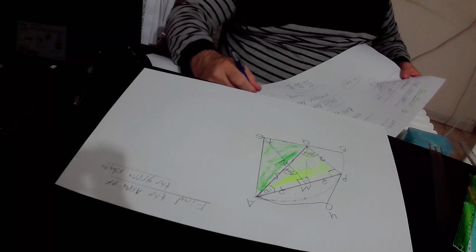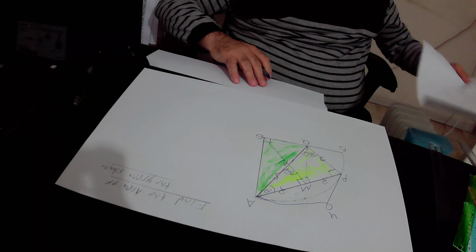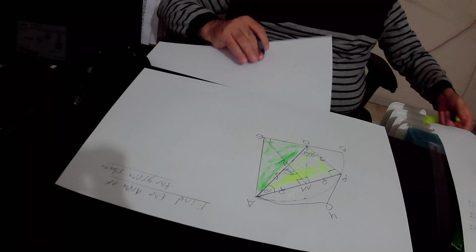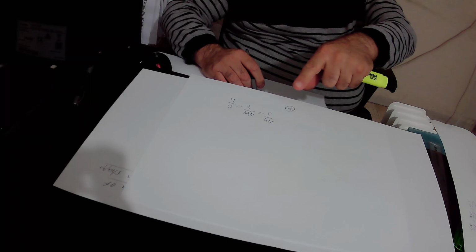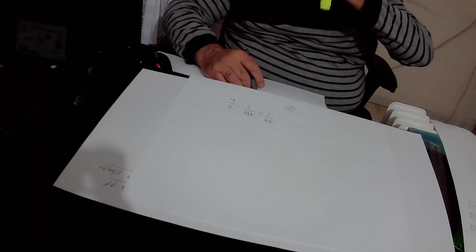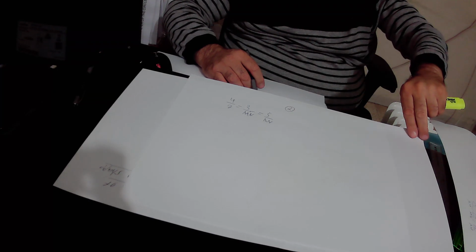AN is also unknown, therefore we leave it as it is. So we found that 4 over 2 equals 3 over MN equals 5 over AN.